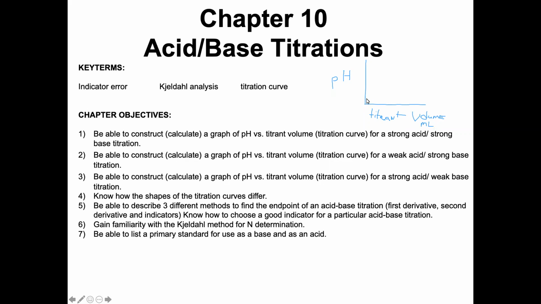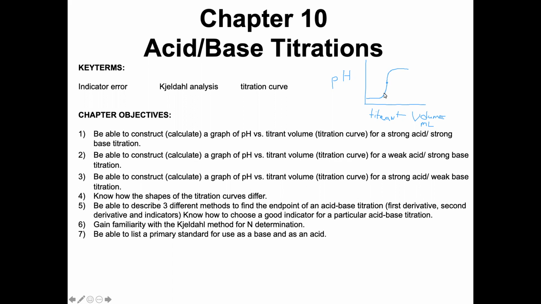But what characterizes generally all of them is that you'll start at either one extreme of pH, either high or low, sometimes in between, and then you'll go through a region of dramatic change in pH. And the steepest region on our curve, which will have the highest first derivative, as we'll soon learn, is going to be our equivalence point, our endpoint of our titration.